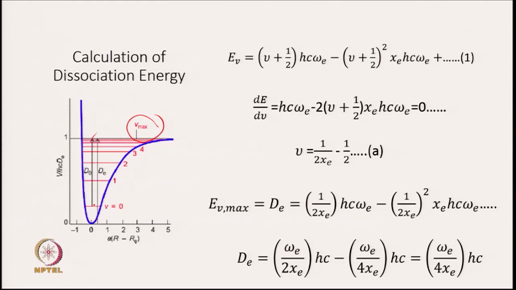There are two different kinds of dissociation energy. One is the difference between the energy of the vibrational level where the energy is maximum and zero, whereas the second is D_0, which is the energy difference between this and the energy corresponding to V equal to 0.